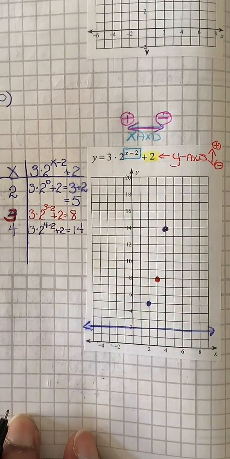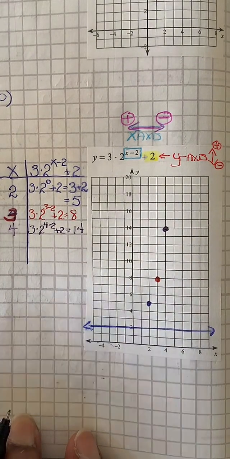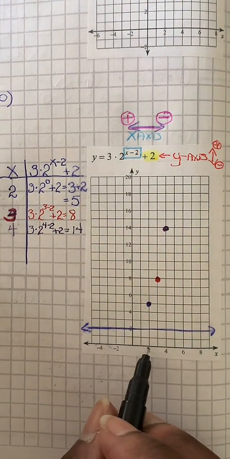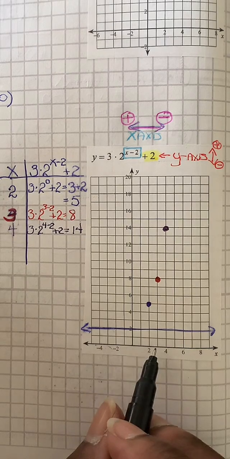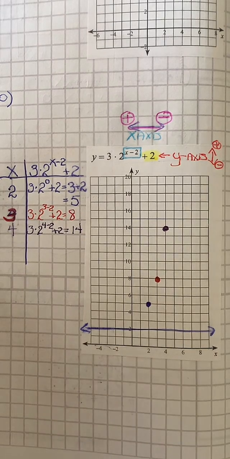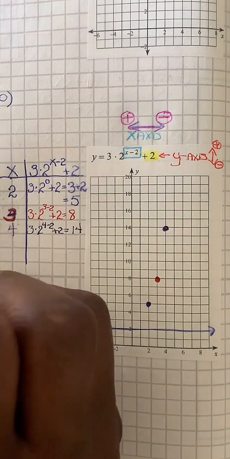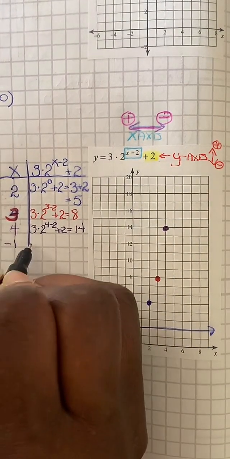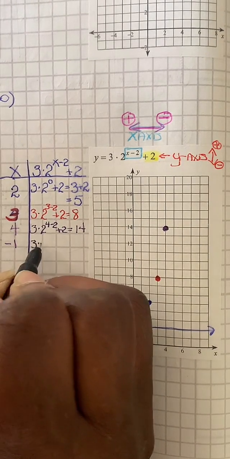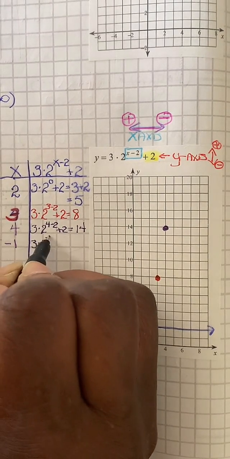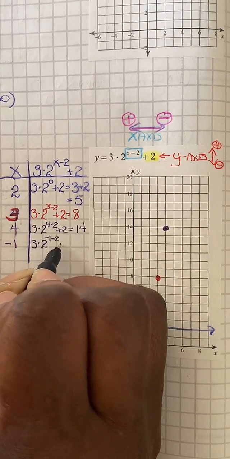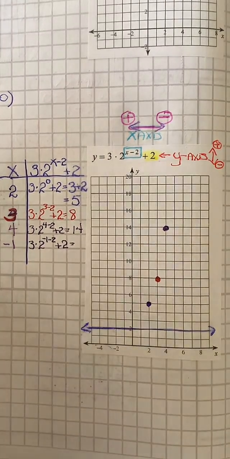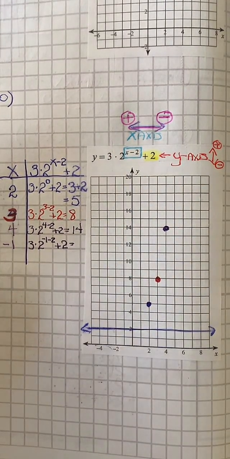Okay? Well, let's tackle the negative. So I'm going to go with, let's say, -1. So I have 3 times 2 to the -1 minus 2, plus 2. I'm going to show work on this one.